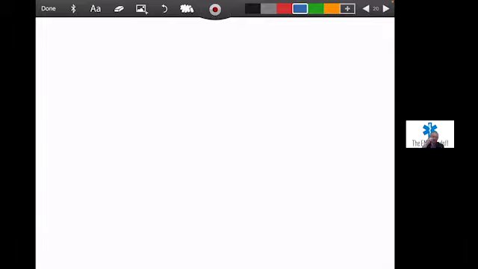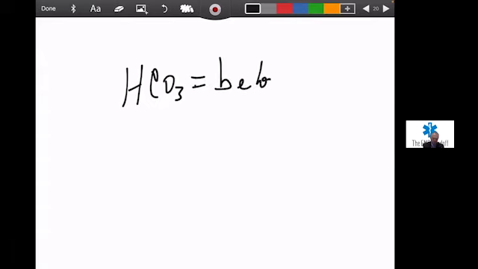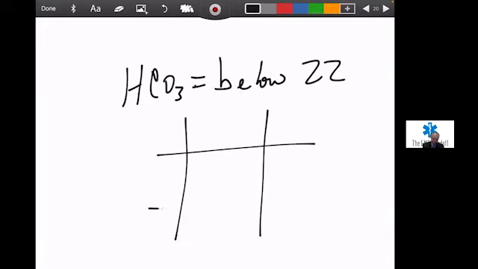Now, we've got to determine if the HCO3, or our bicarb, is under normal, acidosis, or alkalosis. What we're going to do for that is very similar to what we've already been doing. We're going to take the HCO3. If it is below 22, draw my Tic Tac Toe board.